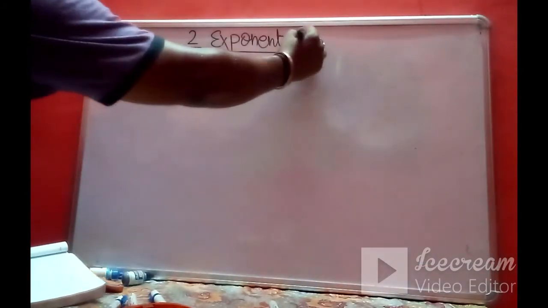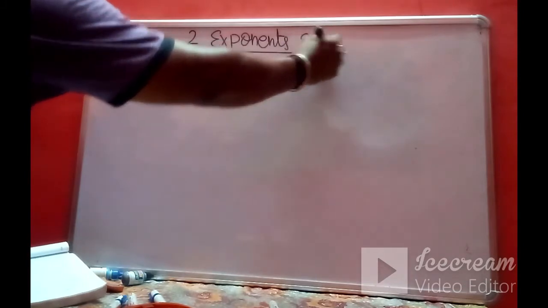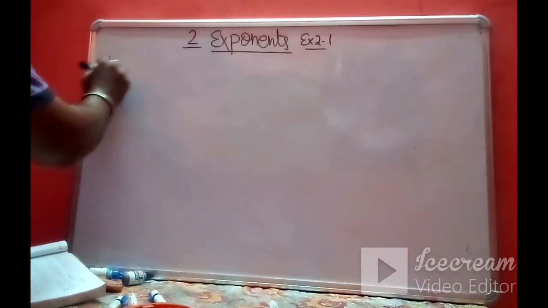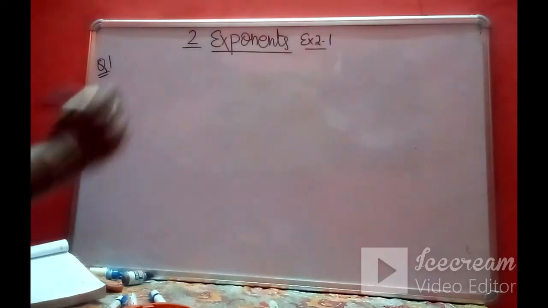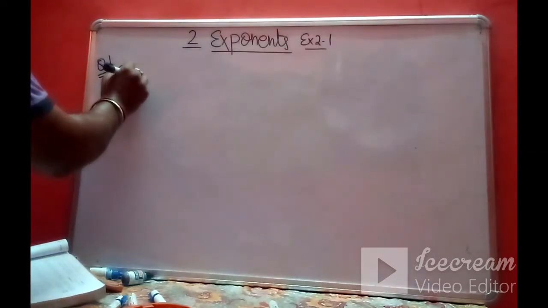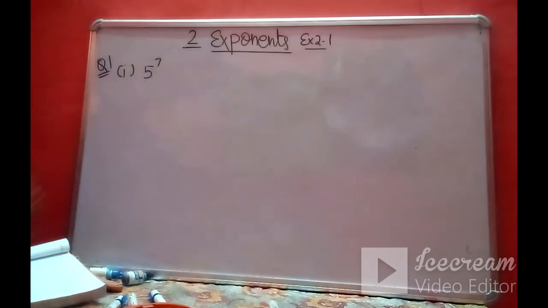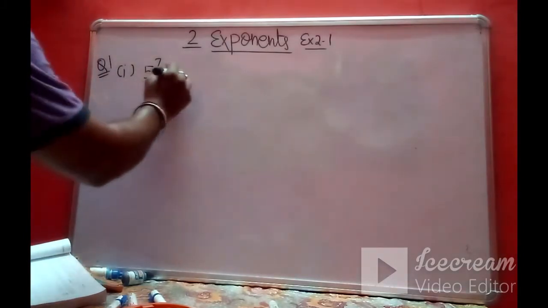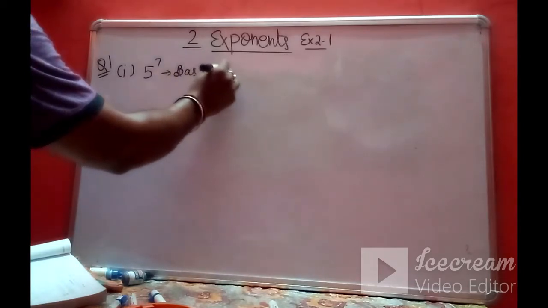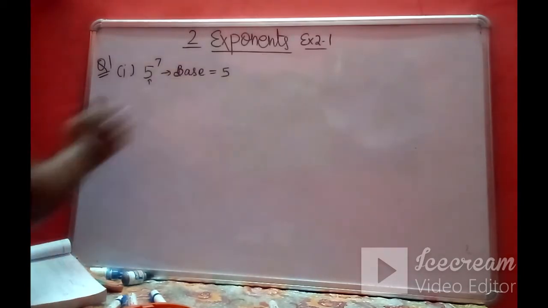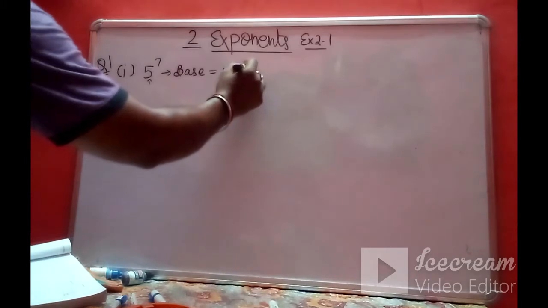So let's discuss exercise 2.1, and the very first question. Write the base and the exponent of the following. Whenever the number is written like this, what will be the base? Base is actually 5. This is known as the base, and the power is known as the exponent.